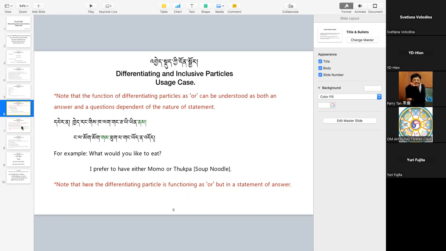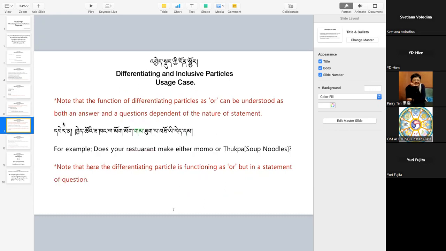Okay, so now note that the function of the differentiating particle as or can be understood as both answer and question, dependent on the nature of the statement. Now this is the particular example where it functions as or, but the statement is interrogative and not an answer statement.